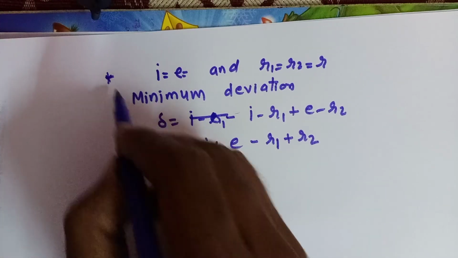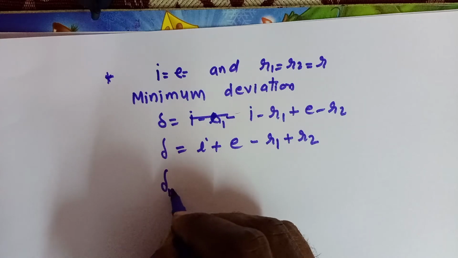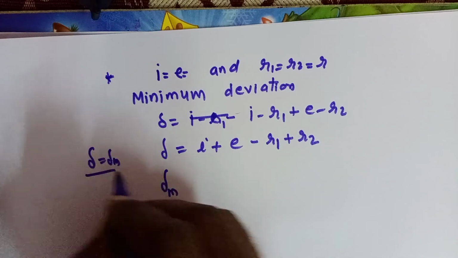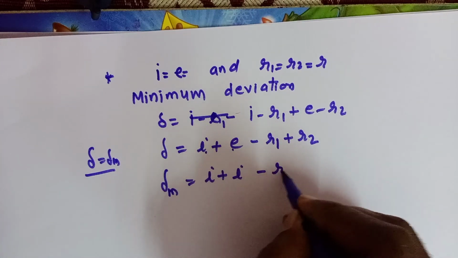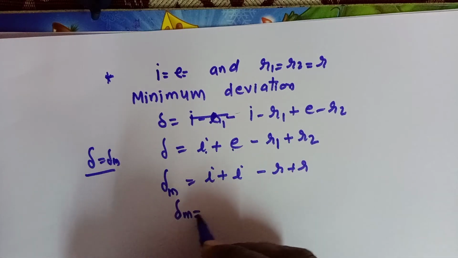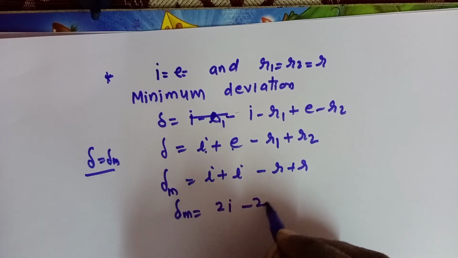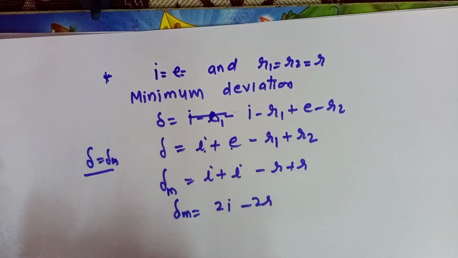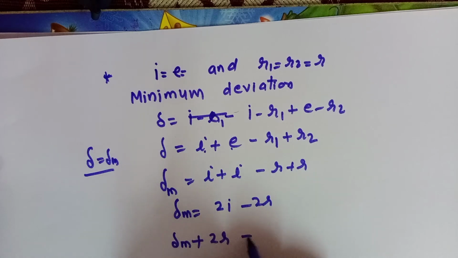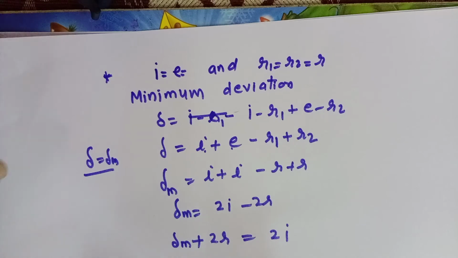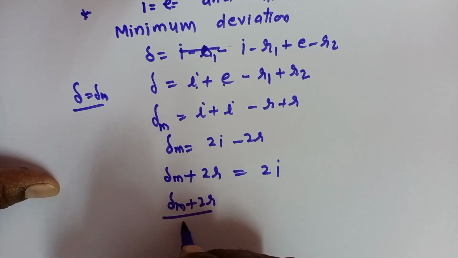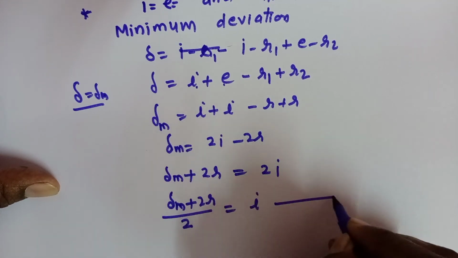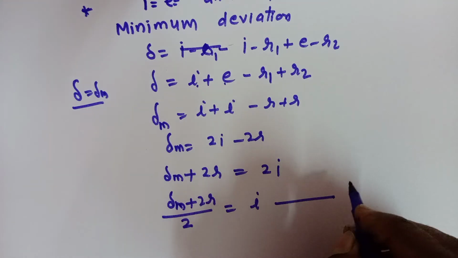Now if we put this condition here, delta becomes delta M, and I plus E is both I, minus both R. So delta M equals 2I minus 2R. We can say delta M plus 2R equals 2I, or delta M plus 2R upon 2 equals I. And this will be equation number 5.